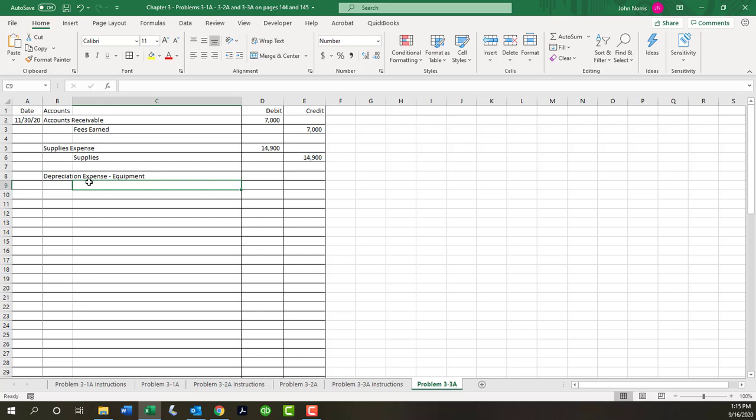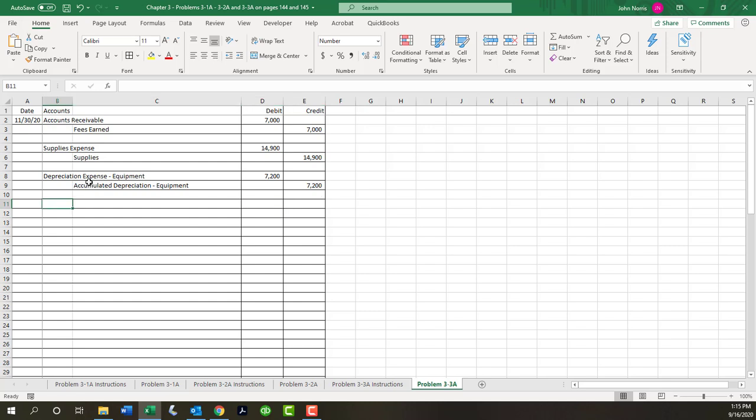Depreciation on equipment. Depreciation expense is the income statement. And accumulated depreciation on the equipment. $7,200 is the entry.